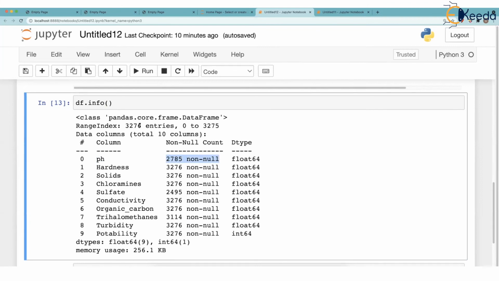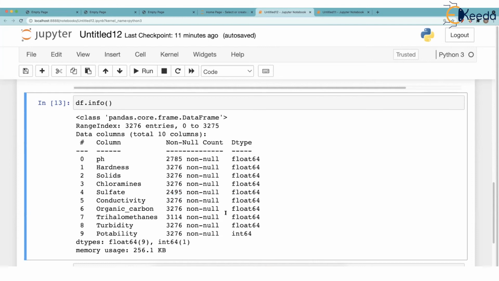But if there are 3276 entries and only these are non-null, then there are some values which are null. And all values are float type, that is real numbers. For every column, it will show how many non-null values are there. So wherever you see less than the number of rows, 3276, then you can say that that column has some null values.